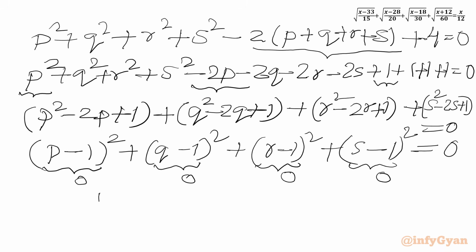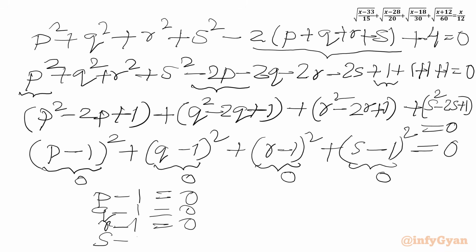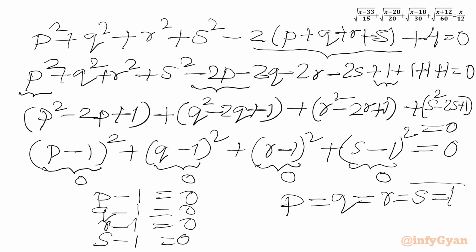So from here we will write P minus 1 equal to 0, Q minus 1 equal to 0, R minus 1 equal to 0, and S minus 1 equal to 0. So we will get P equal to Q equal to R equal to S equal to 1. Each value equal to 1.